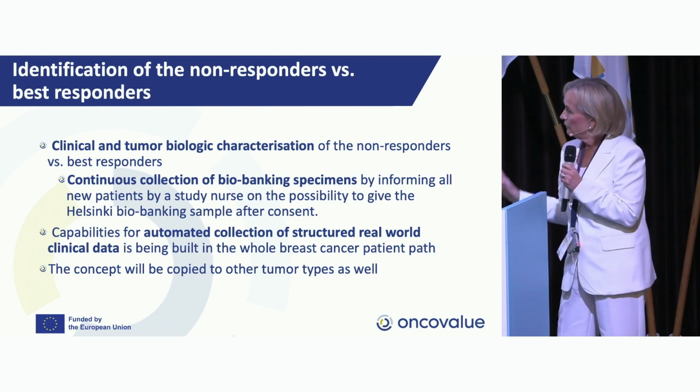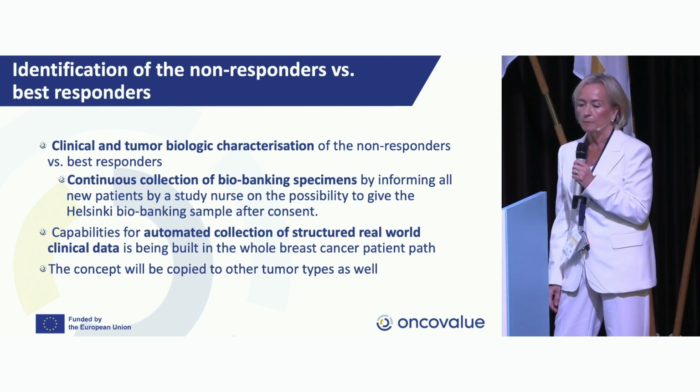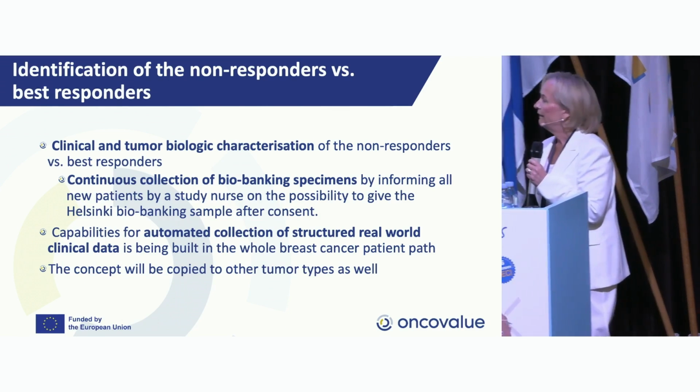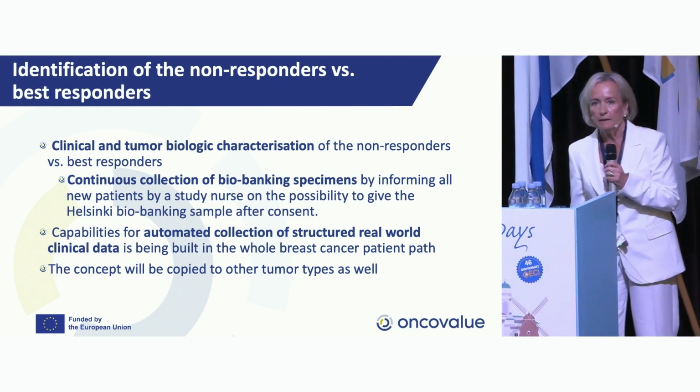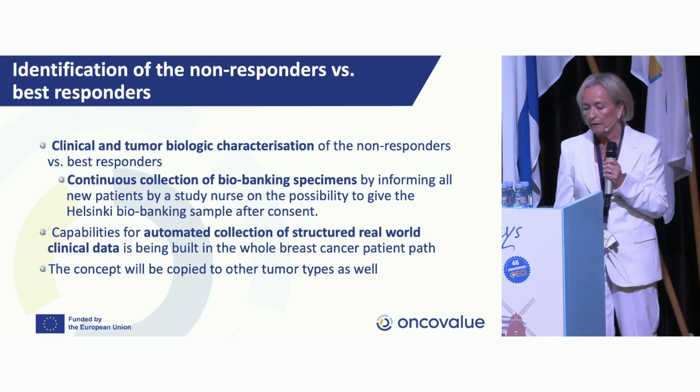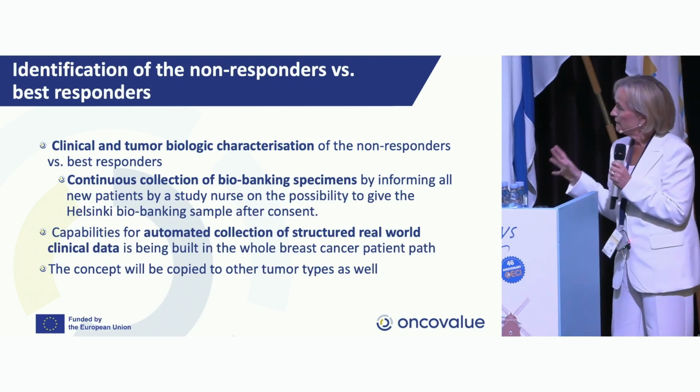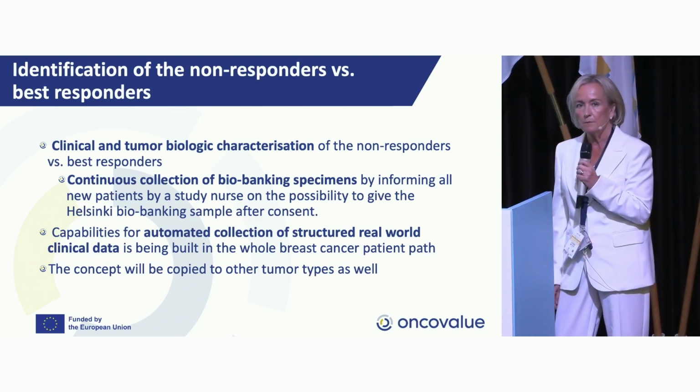And I can tell you that other tumor type multidisciplinary groups are already eagerly waiting for their moment to start this, and the next tumor types will be colorectal and melanoma in the row.